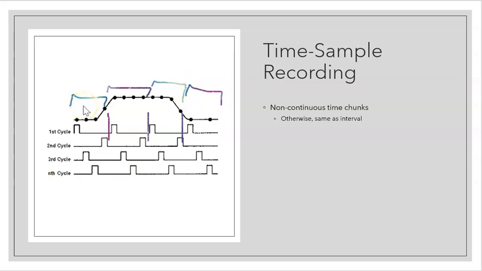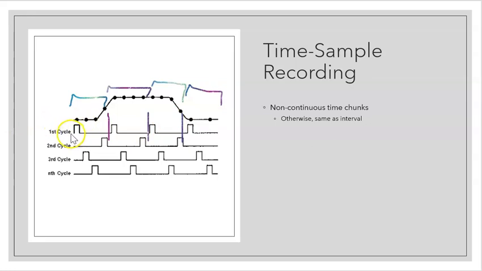With interval recording, you sit there for the full hour and see if a behavior occurs. And then you sit here for a full hour, see if it occurs. So you're pretty much sitting there for 4 full hours looking at, does the behavior occur? Now with time sample recording, you might not have time for that.